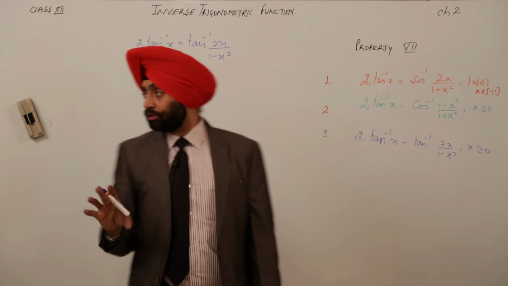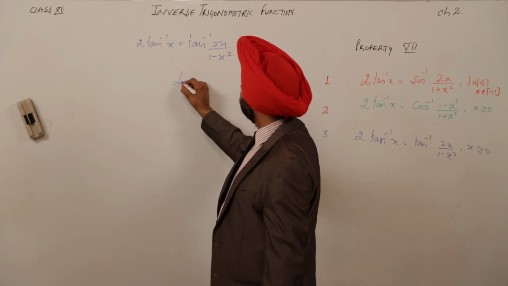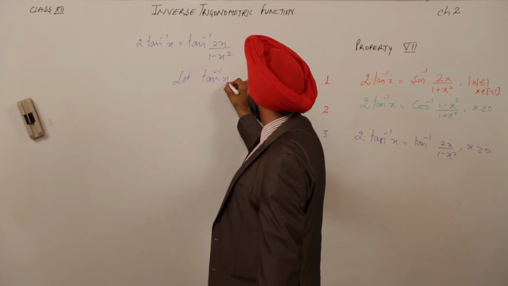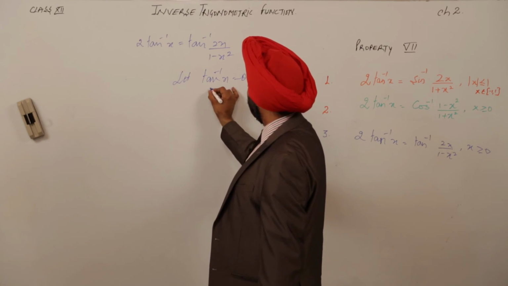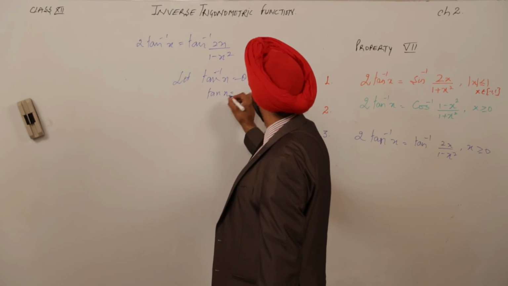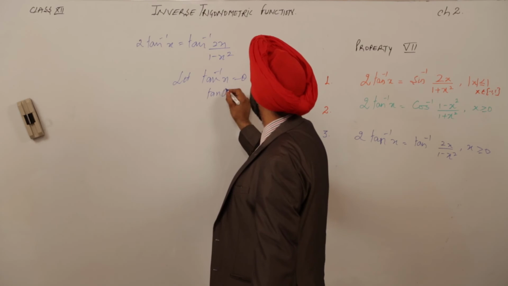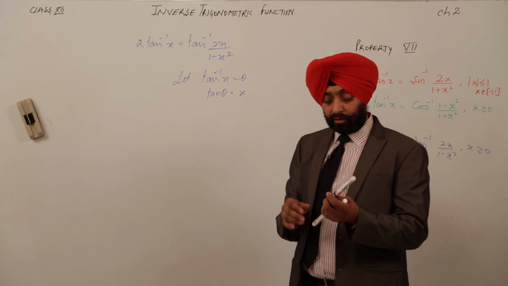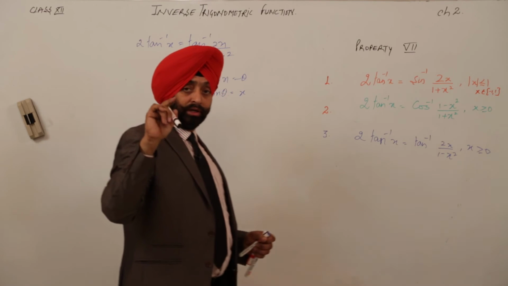Again moving with the same approach, let tan inverse x be equal to theta, and tan theta is equal to x. So in the third part again, let's put tan theta in place of x.